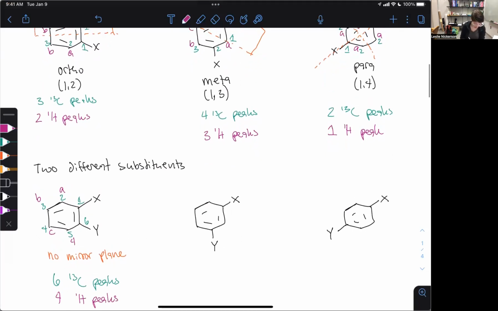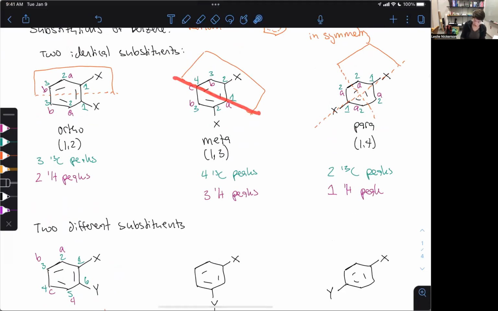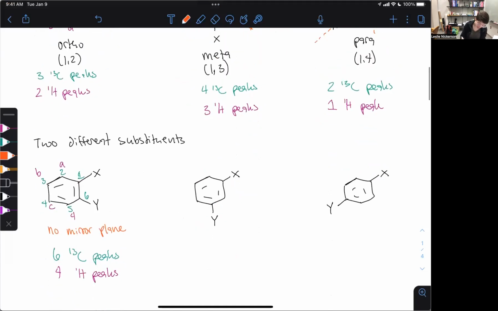All right, let's look at the meta. So again, my meta, I had it right down here so that my X and my X could reflect. Now I've got an X and a Y. Those no longer reflect each other, okay? So again, no mirror plane. Okay, so let's count this out again.